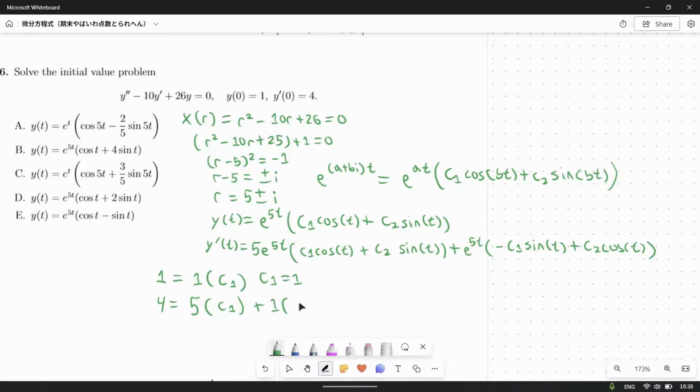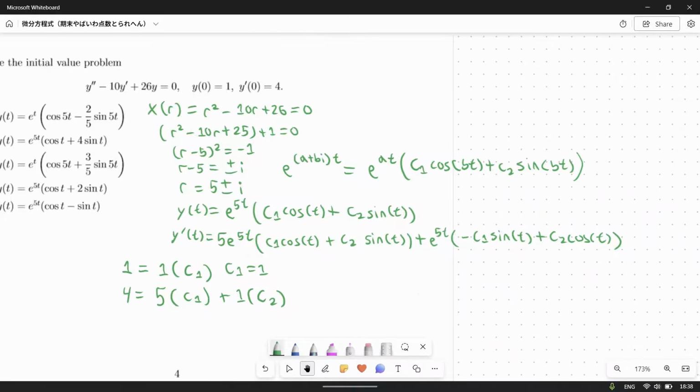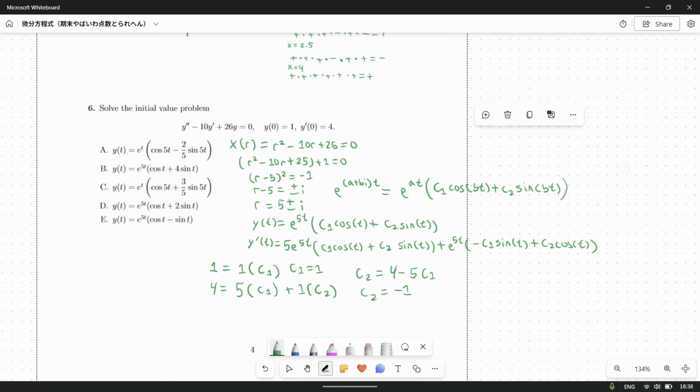Since we already know what c sub 1 is, we just have to solve for c sub 2. Simplifying, c sub 2 is equal to 4 minus 5 c sub 1, and since c sub 1 is equal to 1, c sub 2 is equal to negative 1.